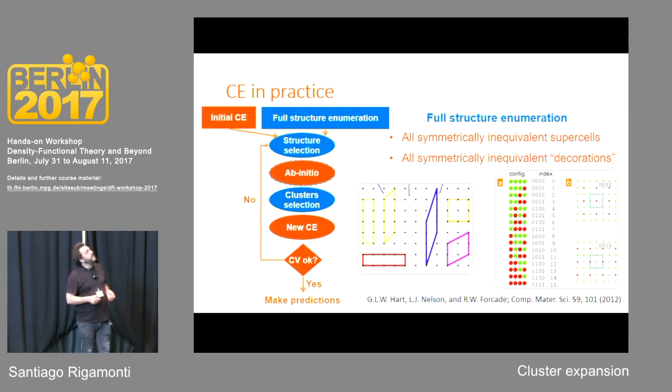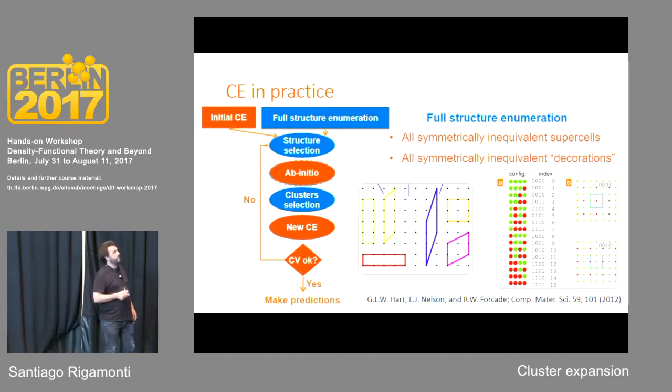Suppose you have this crystal, and you want to know all possible configurations with 4 atoms, or with 4 lattice sites. First you have to consider all symmetrically inequivalent supercells of 4 sites. These are represented here. This is one, this is another one, this is another one, and so on.